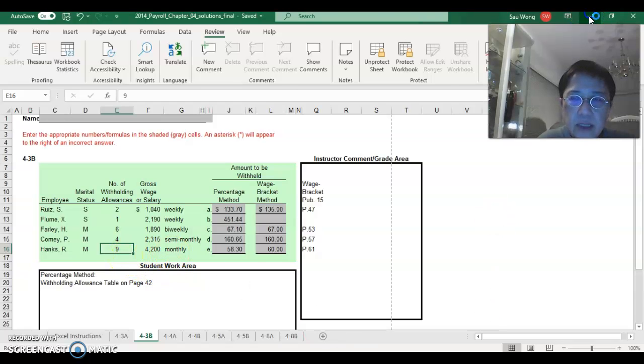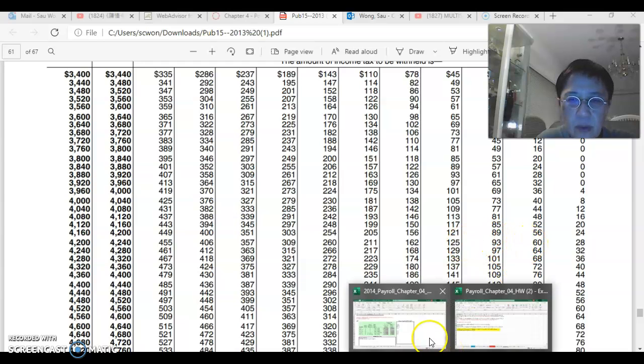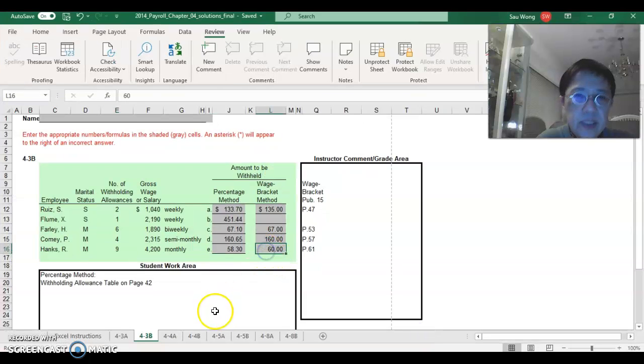So let's take a look at the 9 withholding: 0, 1, 2, 3, 4, 5, 6, 7, 8, 9: $60. So it's 60. Okay, so that's the wage bracket method.